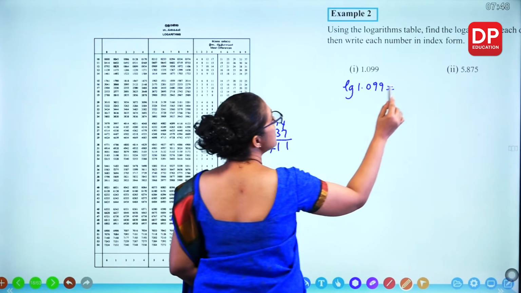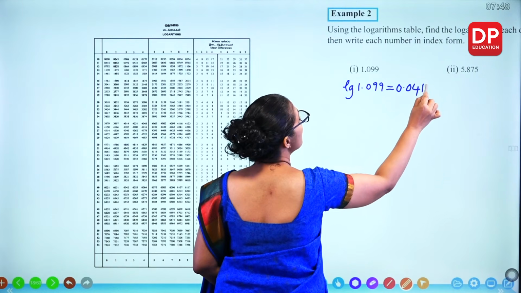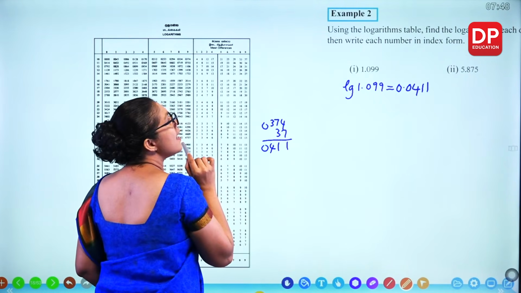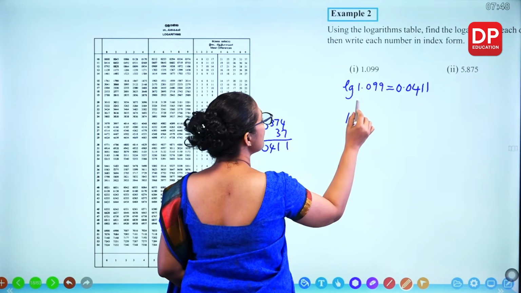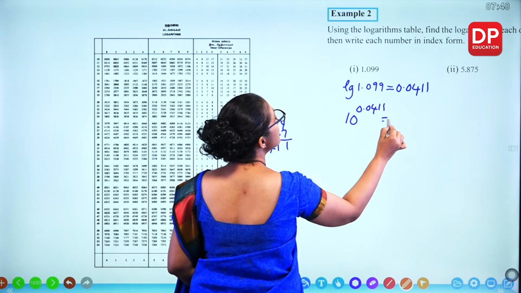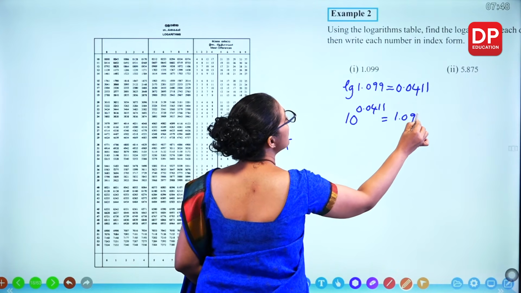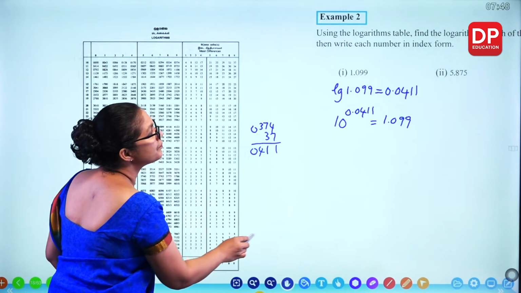So you get 0.0411. As index notation, I can write 10 to the power of 0.0411 is 1.099.